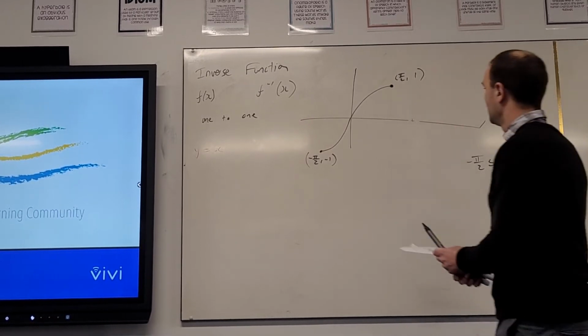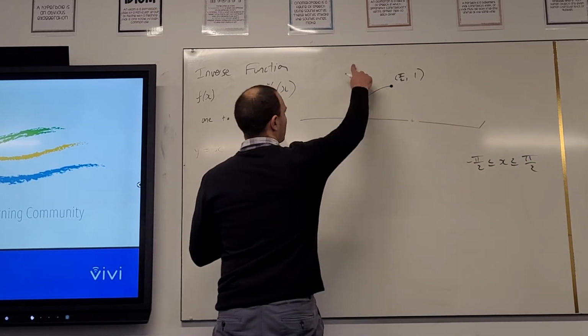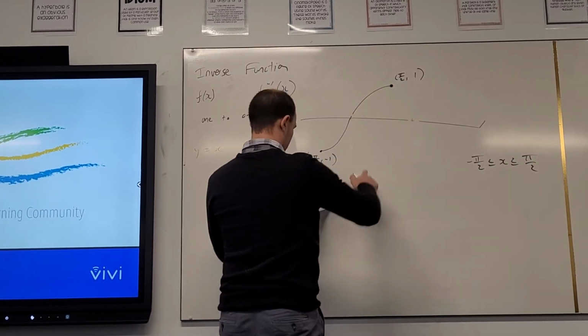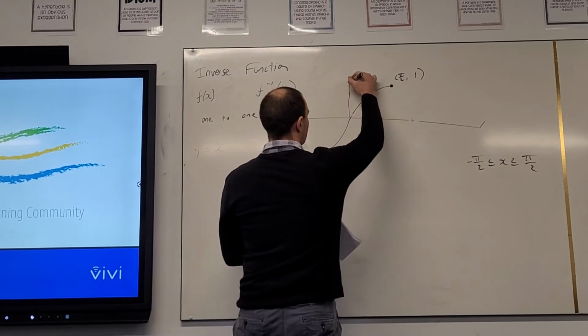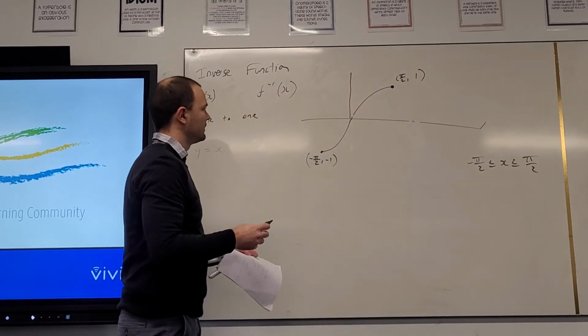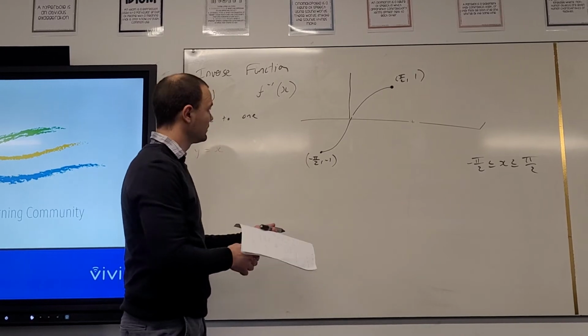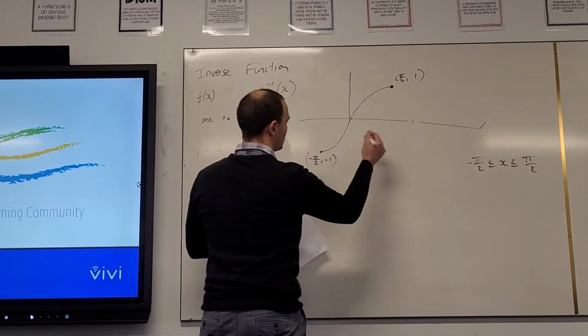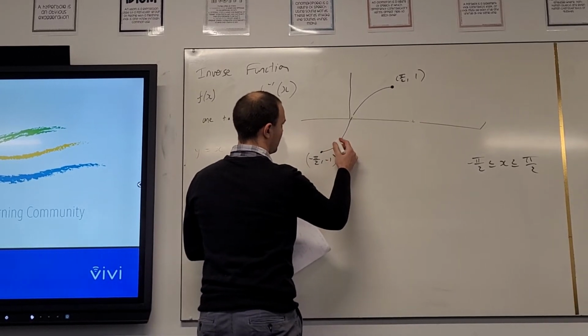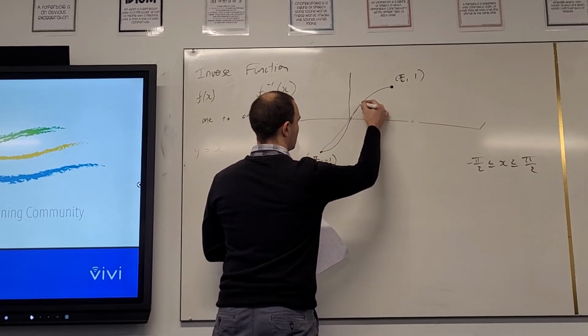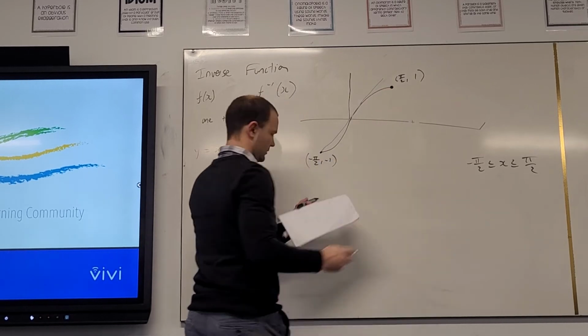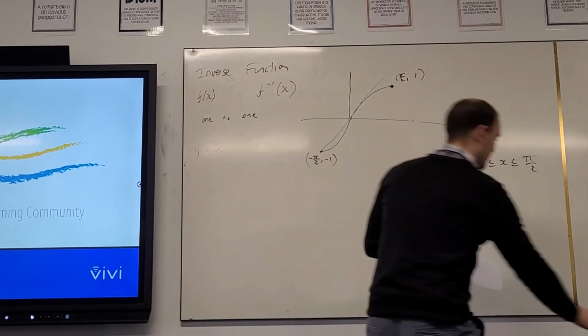I'm going to move this a little bit. It's not much better. Okay, so the line y equals x is like this. No, it's awful. I need to start again.